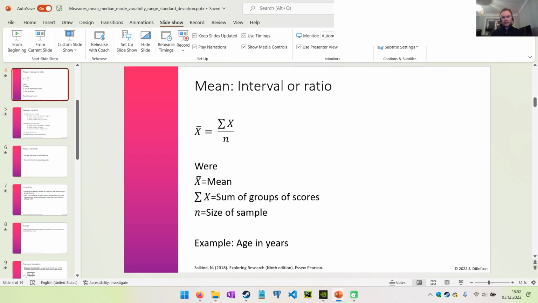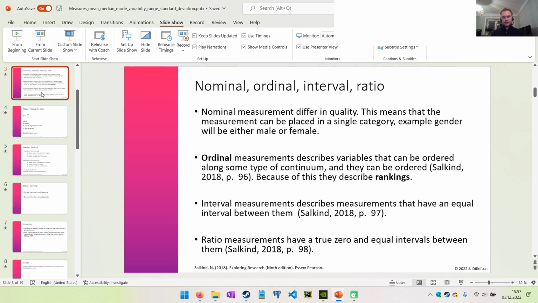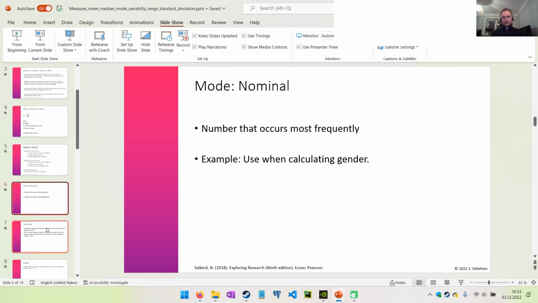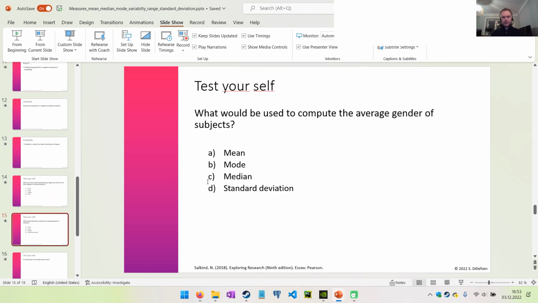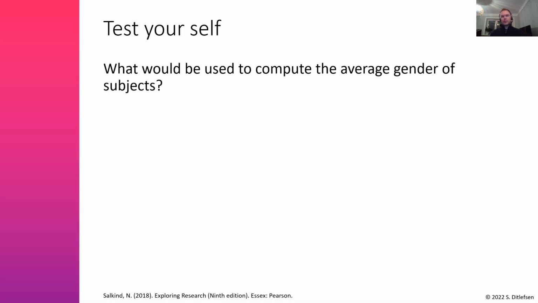So here we have mean, interval or ratio. But mode is for nominal data. So for nominal data, we use mode. Example, when calculating gender, this is mode. Mode will be the correct one here. It's male or female. So what would be used to compute the average gender of subjects? Not mean, it's mode. Mode, how many?